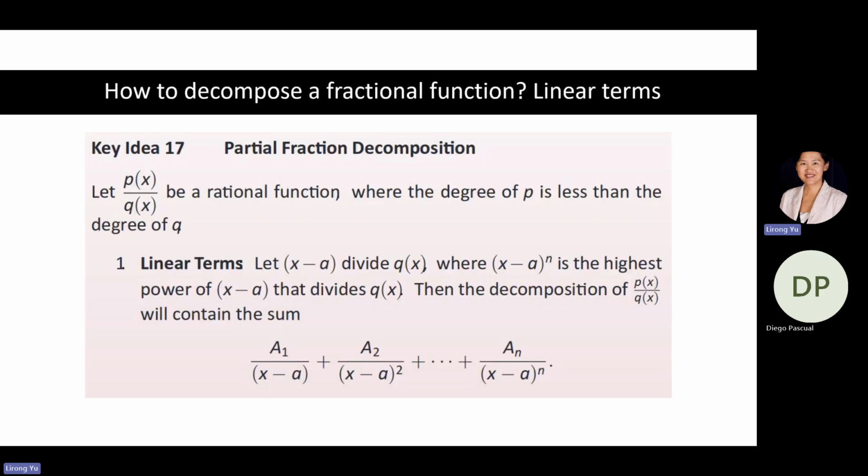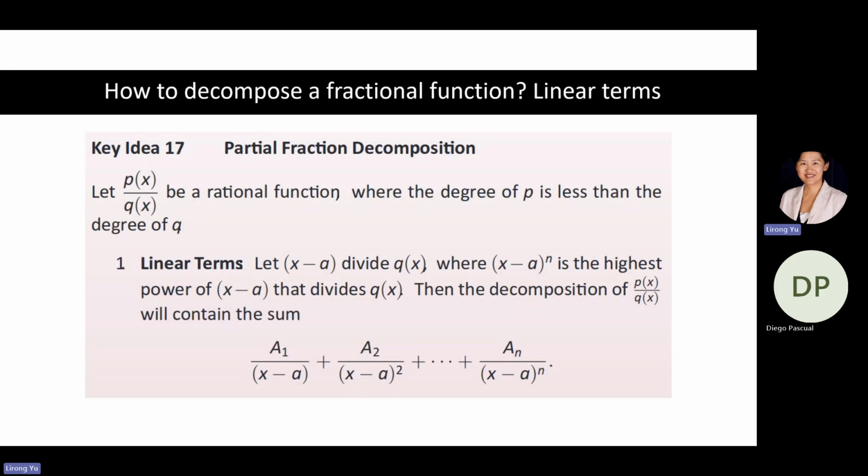Right, so how do we exactly decompose a fraction? There are two types. The first one, we're calling decomposing them into linear terms. So really it's about the denominator. Number one, suppose you have a fraction that you want to integrate, you have to look at the degree.